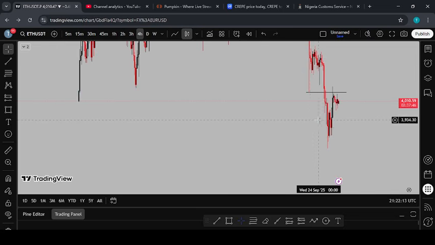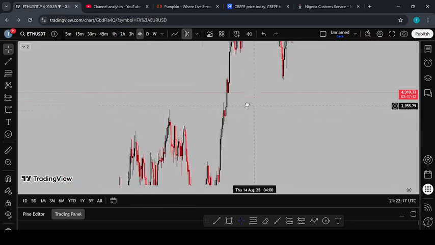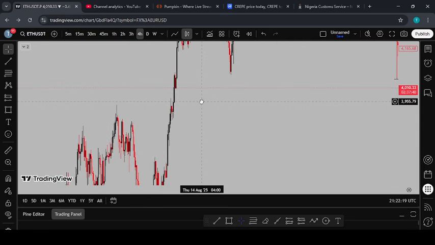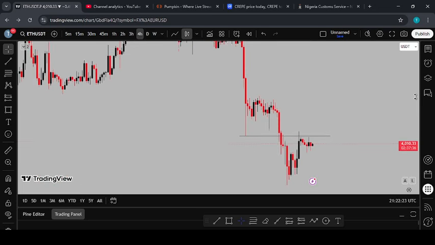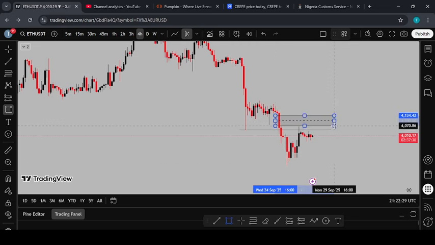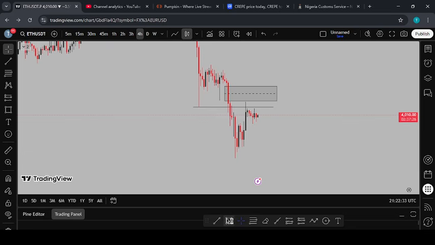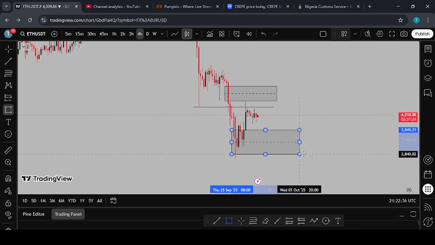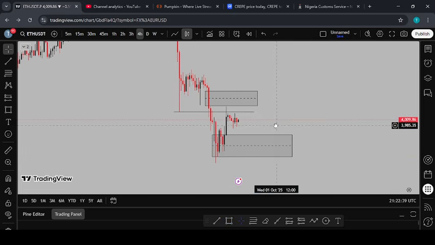Wow, what am I seeing here on ETH? I think I'll be doing a market overview on ETH and BTC. Of course, there's a form of imbalance here, but would this hold? This is the 4 hour. This is a good bullish structure that formed here on ETH, and the market has been ranging slowly.